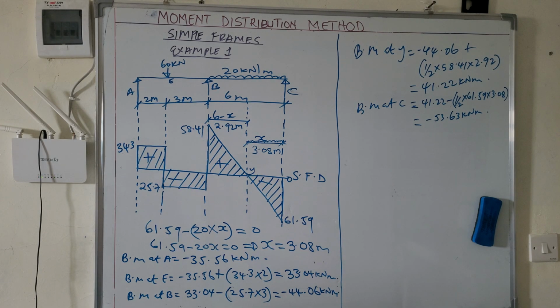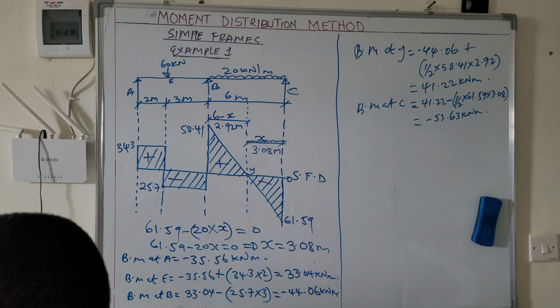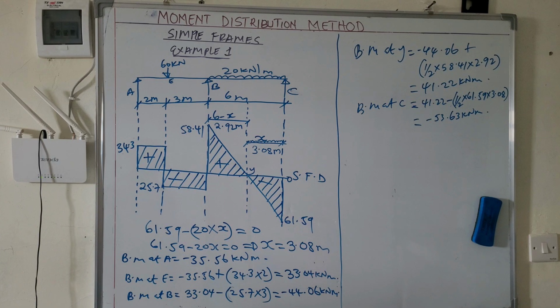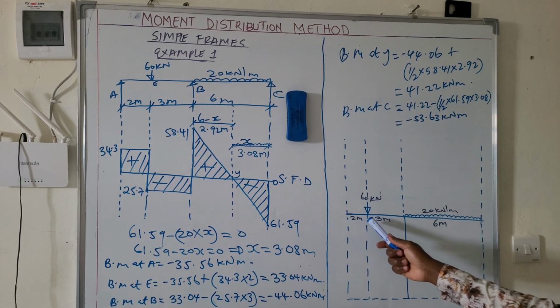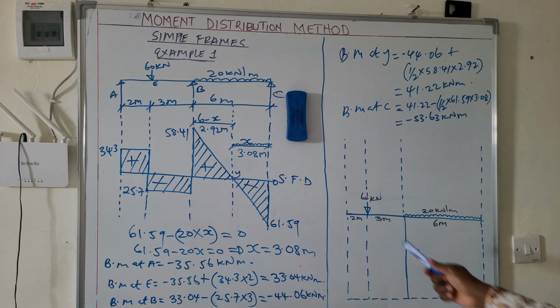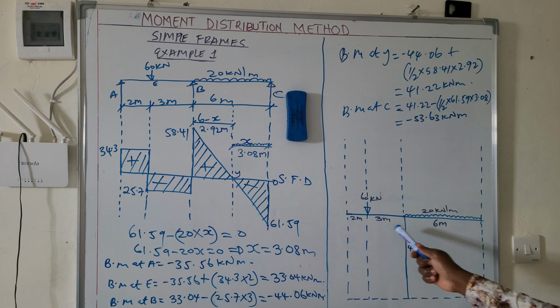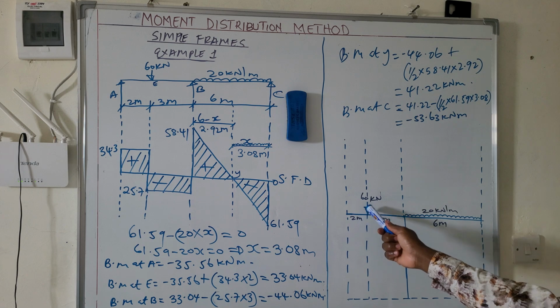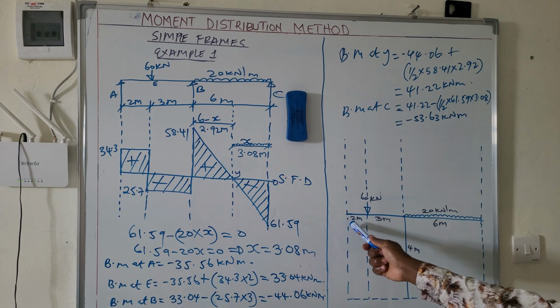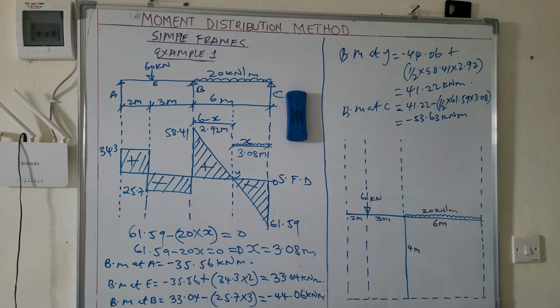We can now draw our bending moment diagram. And this is how we draw our bending moment diagram. To draw the bending moment diagram, you first draw the original frame. As you can see here, this is the original frame. So we have 60 kilonewton.